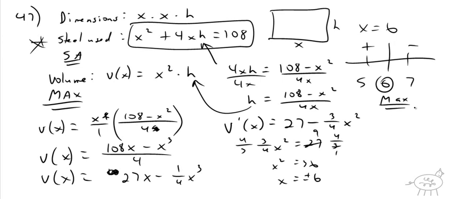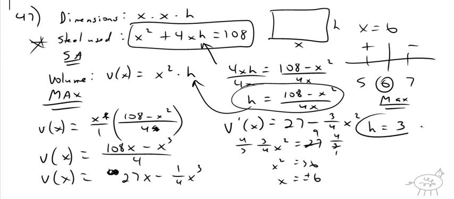And by the way, that's one dimension, and then we've got to find our h, and of course we just plug that back into where we solved for h right here. And if we do that, we get h is equal to 108 minus 6 squared over 4 times 6, and h comes out to be 3.